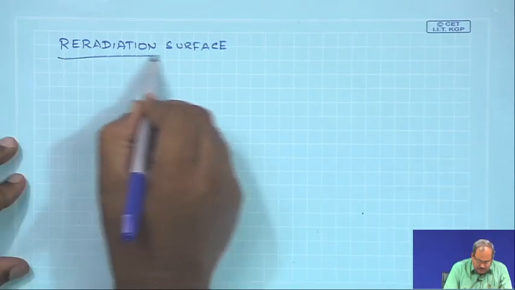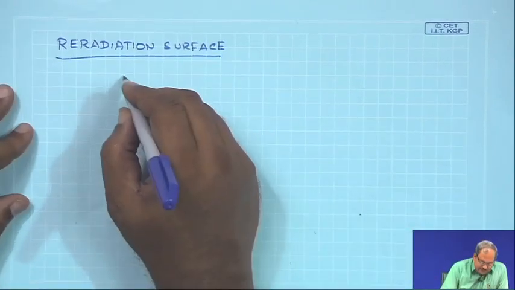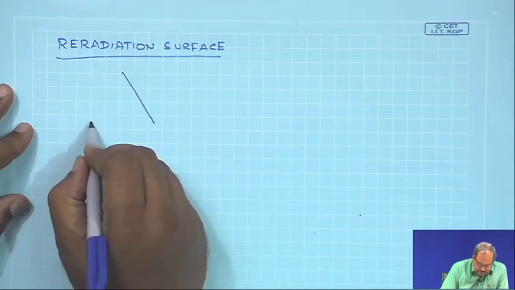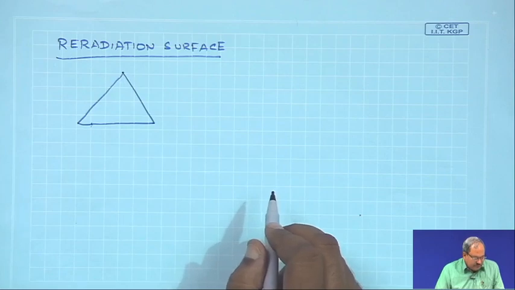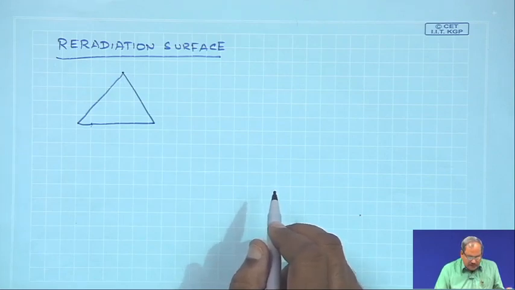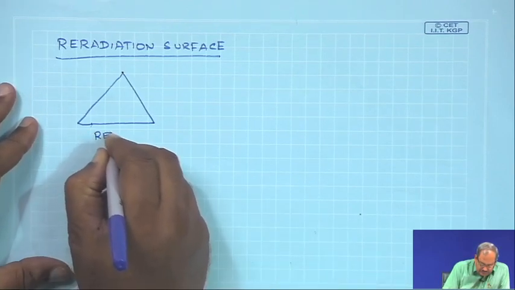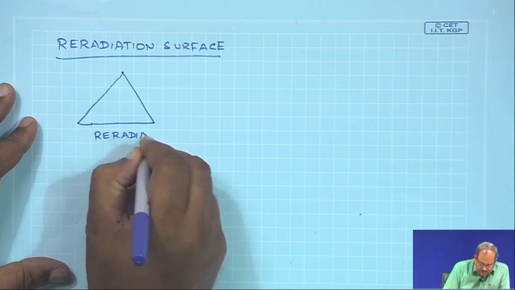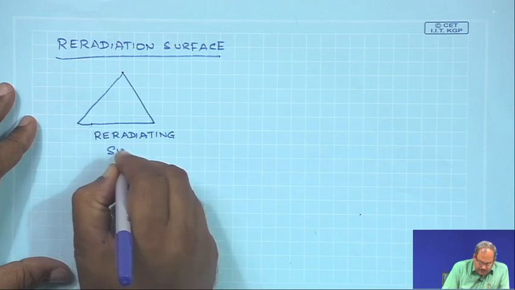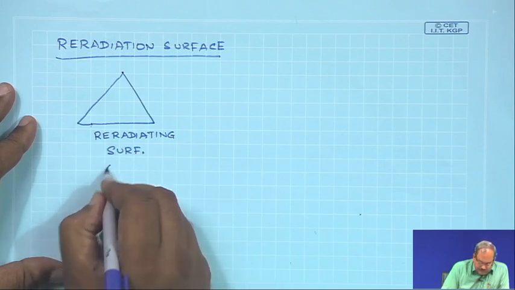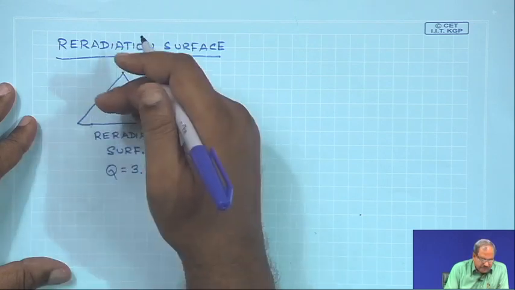So, in many engineering applications, a zone can be thermally insulated, and in such a case, the net radiative heat flux in that particular zone is 0, and such a surface is called a re-radiating surface. So, let us say this is a re-radiating surface, and in a re-radiating surface, obviously, the value of Q3 is equal to 0. Whatever it gets, it radiates the same amount.